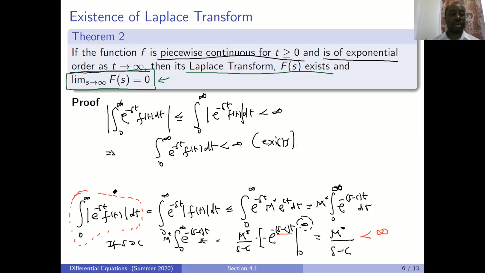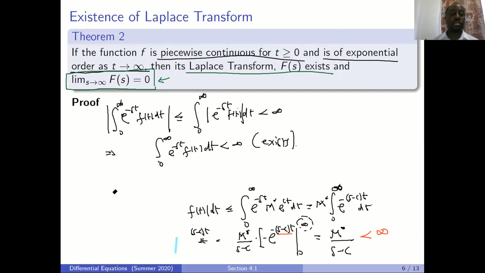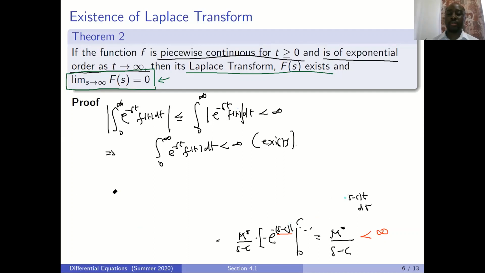As long as we can verify that these two conditions are true about a function, then we have some confidence that it has a Laplace transform. Okay, so now we know that piecewise continuous functions of exponential order have Laplace transforms.